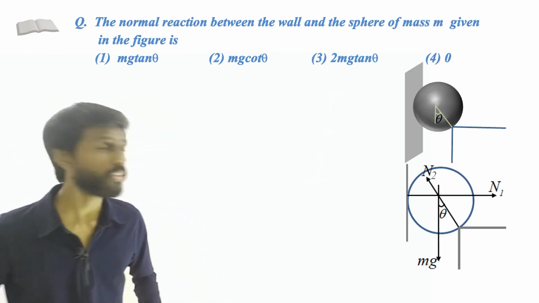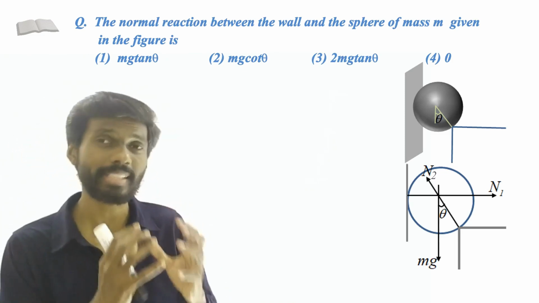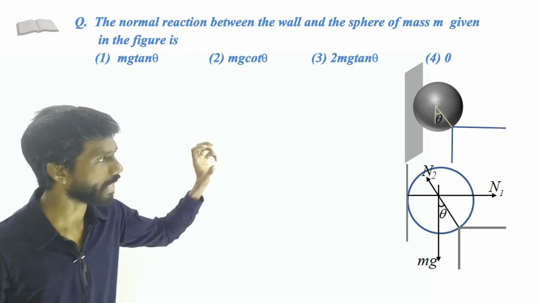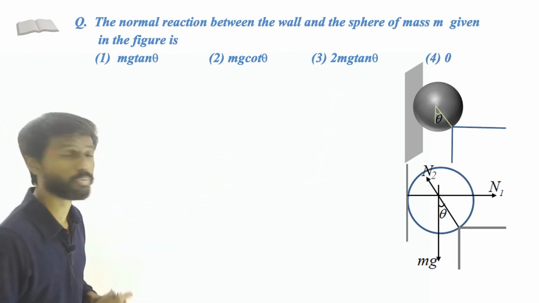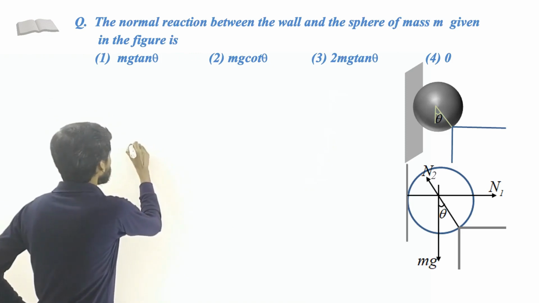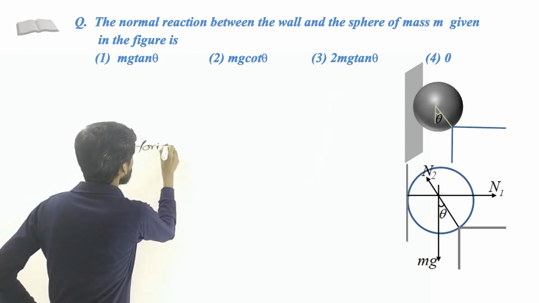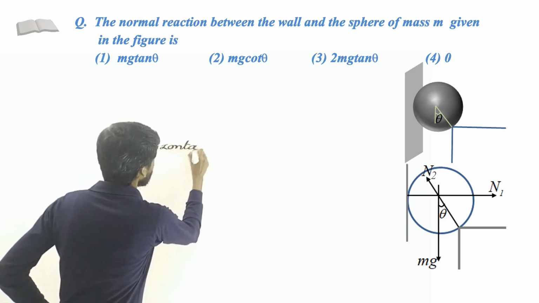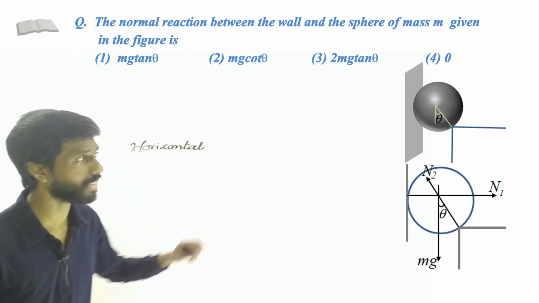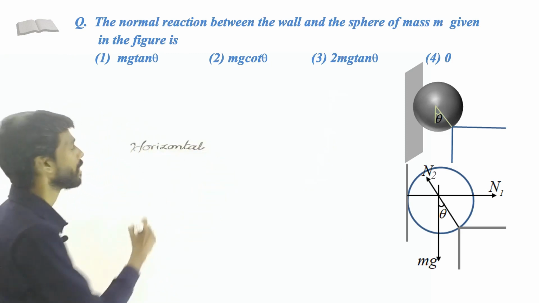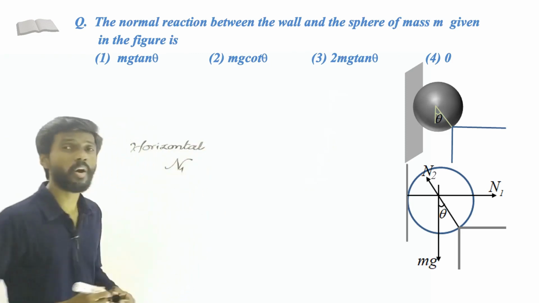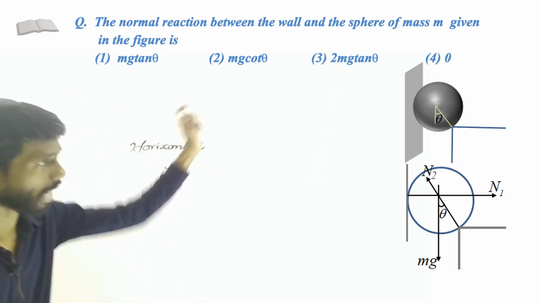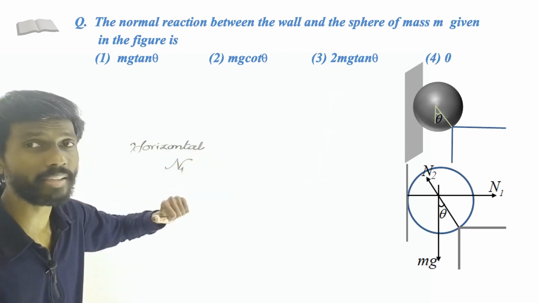Now let us consider the total force acting on the sphere. The sphere is in equilibrium, it's not moving anywhere. Let us write the total force in the horizontal direction. There is the normal force due to the wall, which is taken as N1, and also the normal force due to the platform, N2.